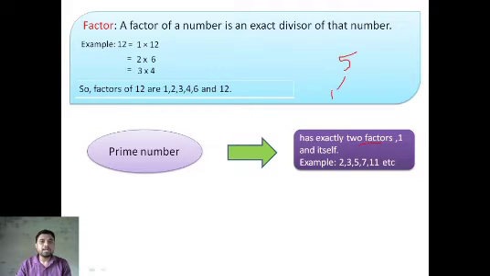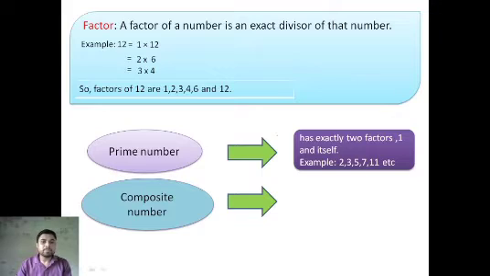By 1 and by 5. Can you get any other number by which you can divide 5? No. By 2 can you divide 5? No. You cannot get any other number except 1 and 5. That's why 5 is a prime number. Similarly 2, 7, 11 are prime numbers.